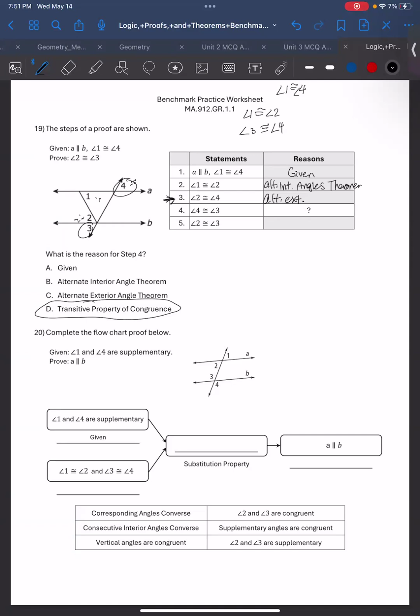Wait, sorry, I'm so confused. Okay, so first off, I say 1 and 4 are the same thing. If it helps, I'm going to give them numbers. So let's say 1 and 4 are 65, right? I made that up. Then I'm going to say, angle 1 and angle 2 are alternate interior, so this one is also 65.